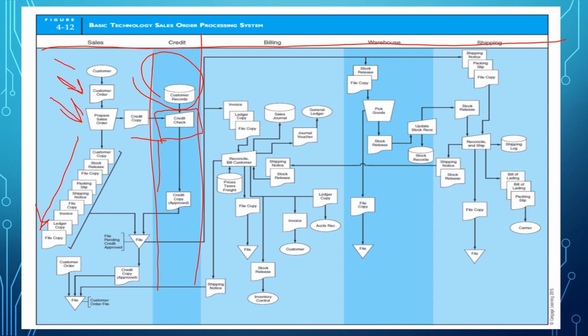We have manual processes, we have manual documents, and also we have digital files like the sales journal and other files in cylinders. So that is the idea of having both. We call it the basic physical system, where we combine both the system and the human.